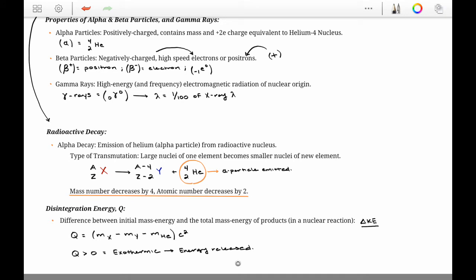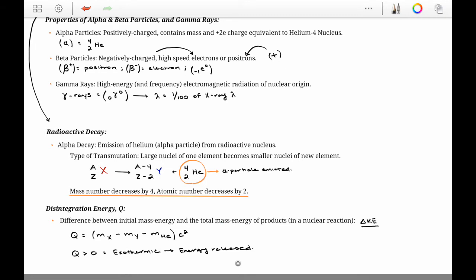I also want to introduce, very briefly, the disintegration energy, which you might have seen as the Q value. The disintegration energy is the difference between the initial mass energy and the total mass energy of the products in a nuclear reaction.